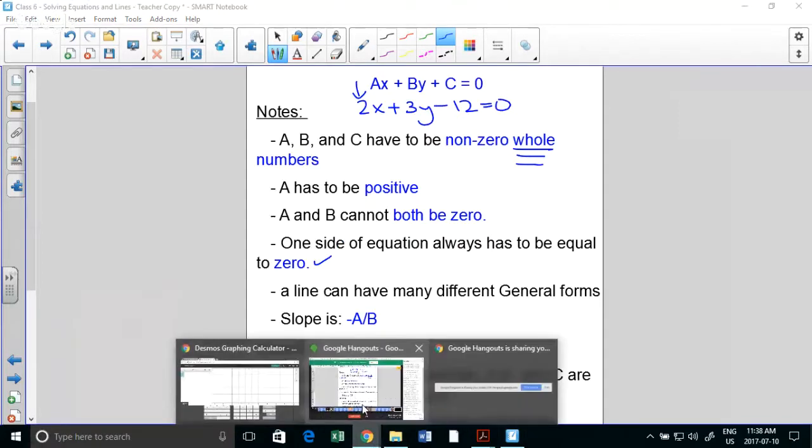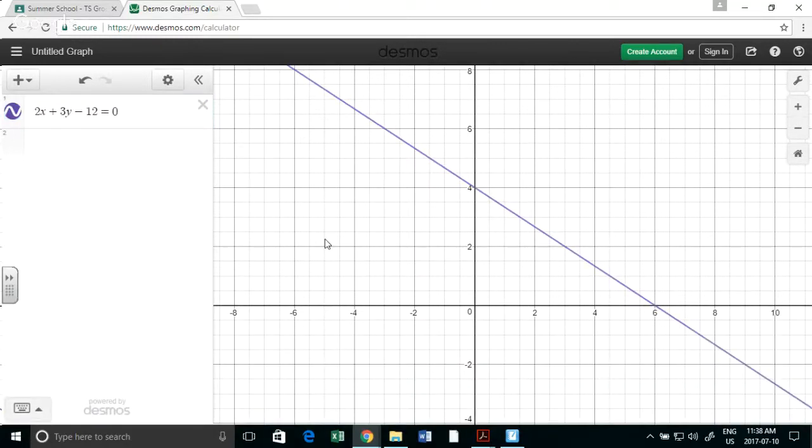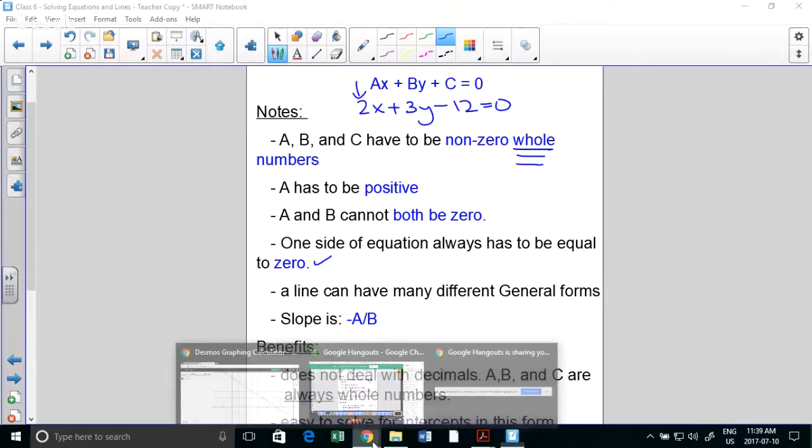So we're just going to take a look at this here. If I have 2x plus 3y minus 12 equals 0, it's just a line in the Cartesian plane. But this note says a line can have many different general forms.